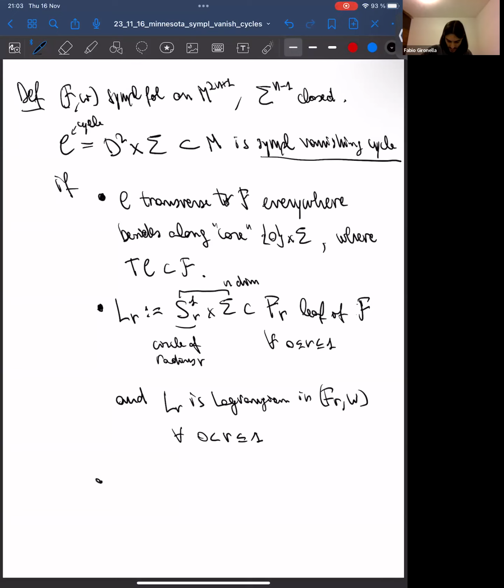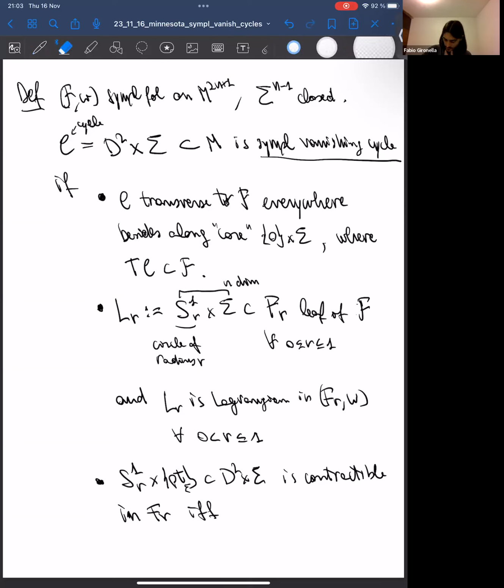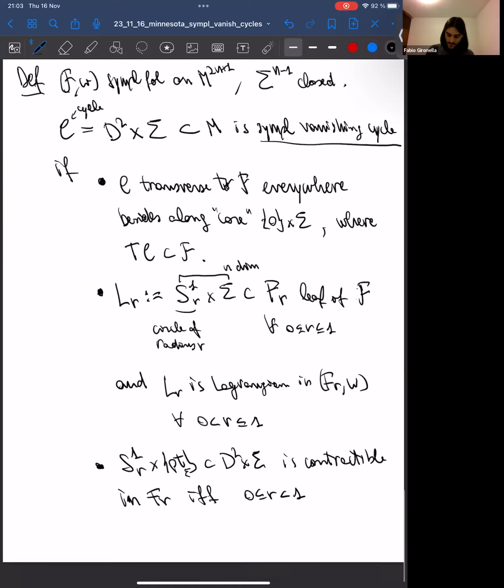The next condition is that S^1_R times a point, inside the vanishing cycle, inside the D^2 times sigma, where the point is in sigma, is contractible in the leaf where it lives, which is just F_R, if and only if R is strictly smaller than 1. So for R equal to 1, it is not contractible.